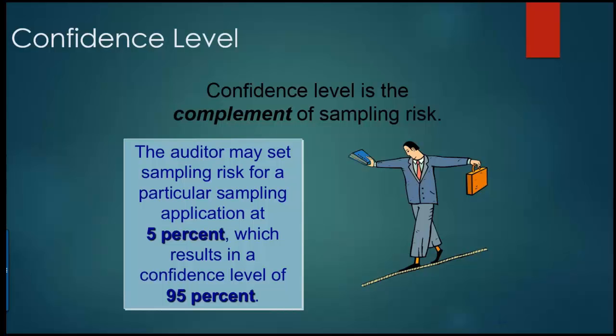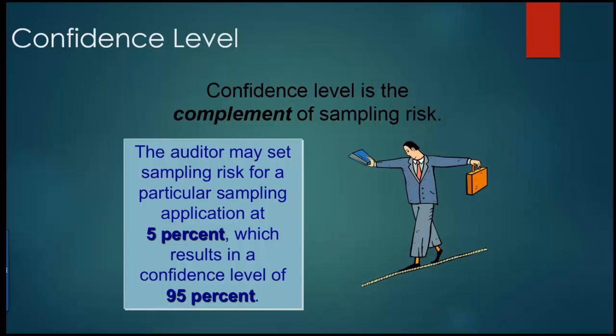So what we're saying, and we talked about sampling risk a few minutes ago, is that sampling risk is the risk related to the sample mimicking or not mimicking the entire population. So if we have a sampling risk of 5%, what this is saying is that we have a confidence level of 95%.